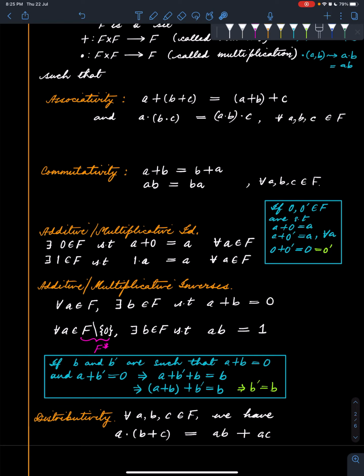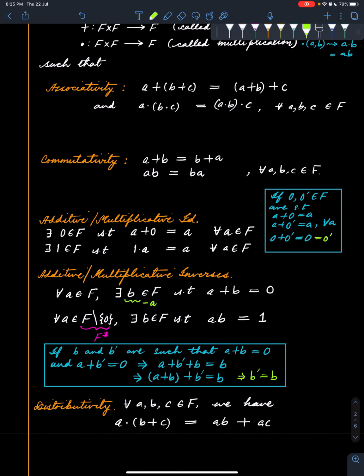So this is called the additive inverse of A, because it is unique. We can use the definite article, and it is for this reason that we denote it by minus A. Okay, that's the notation. And similarly, you can show that the multiplicative inverse is also unique.